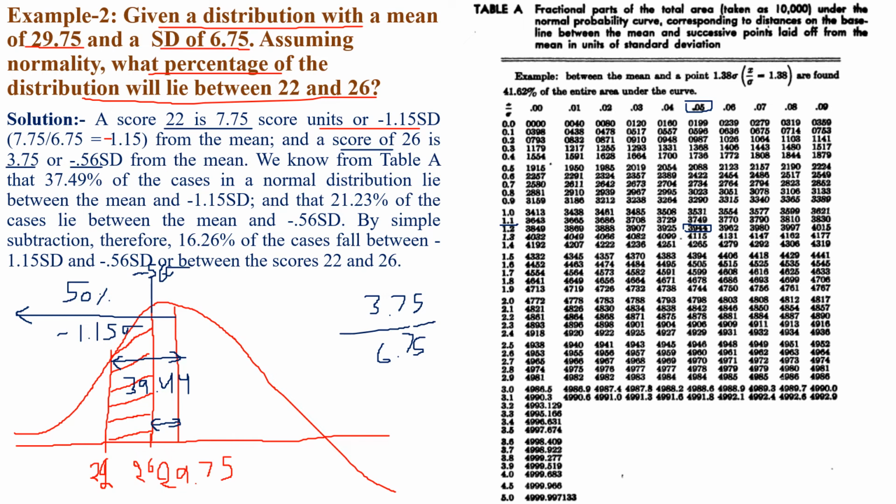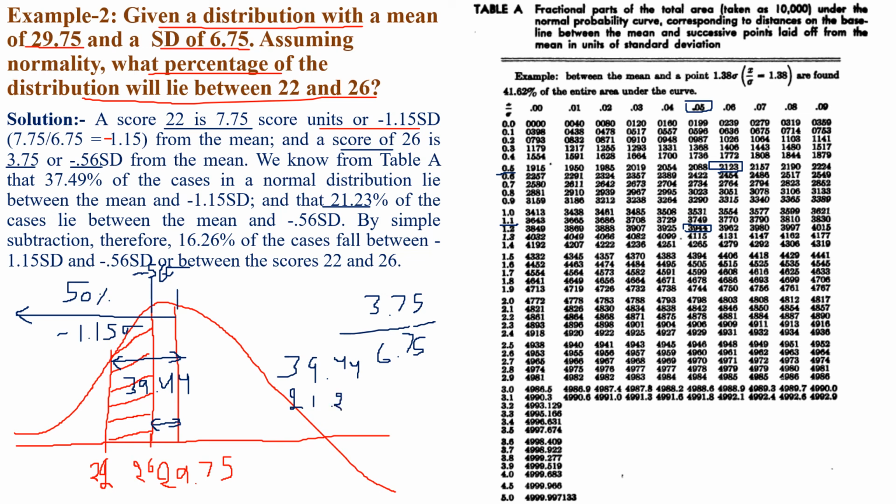We look up 0.56. 0.5 is this point and the 6 is this point. So again there is 21.23, the percentage distribution between this particular part and the mean. So the total is 39.44, and between 26 and the mean value it is 21.23.